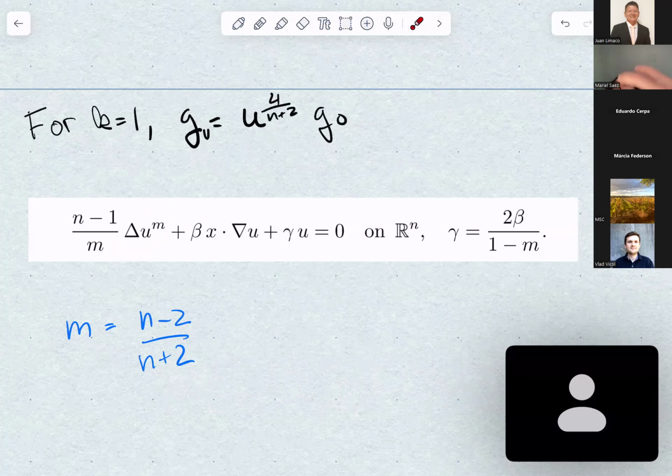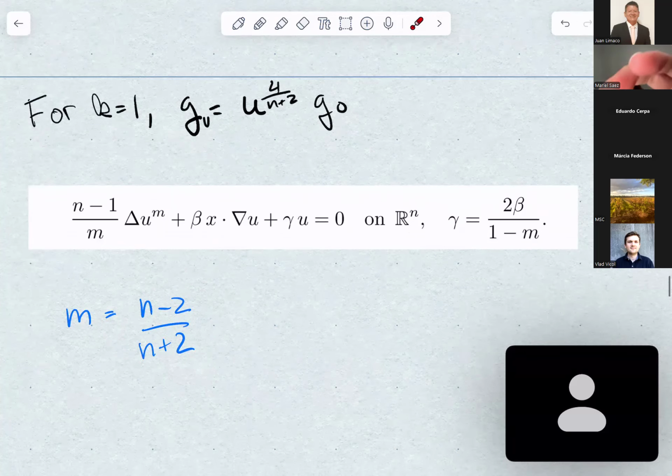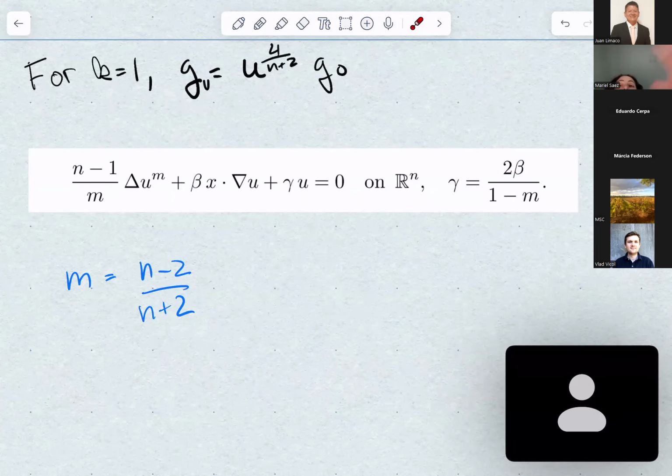So basically what they did is they used lots of results that were existing in this case. They improved them in some cases, and they interpreted this in terms of the Yamabe problem. Again, you have this coefficient appearing here. This number has to appear somehow because the problem is critical. They put it basically inside the Laplacian. And they have a very nice work showing lots of properties for these solitons.